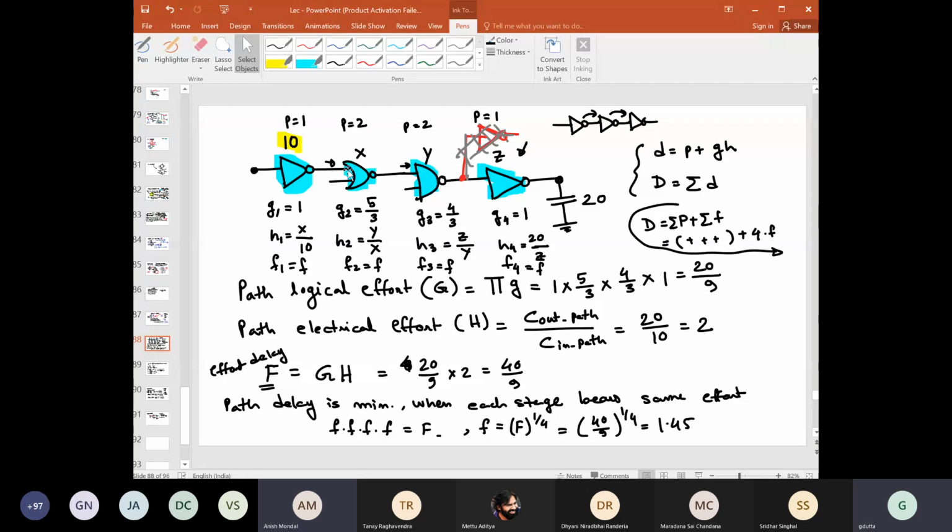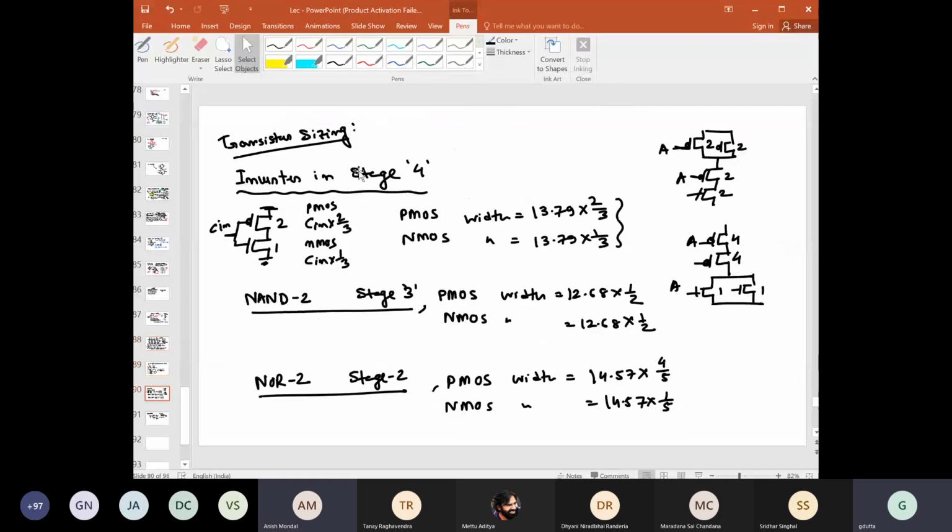So if you look from this line only, it's not the total capacitance of the gate. It's only the capacitance associated with that particular input. Suppose the inputs are A and B, it is the capacitance associated with that input only. Yes, sir. Understood.